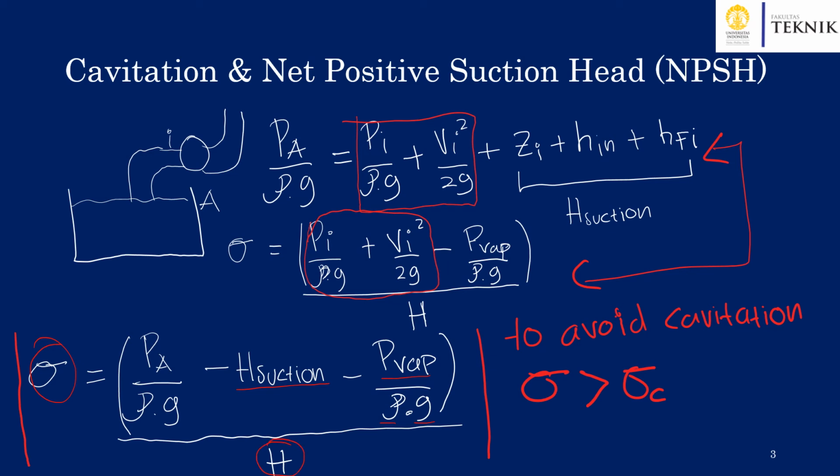In order to avoid cavitation, we need to have the value of tau, the cavitation parameter, higher than the critical cavitation parameter value. This tau c, the critical cavitation parameter value, normally comes from the manufacturer of the pump, so it will be given to the user of the pump. Then we have to avoid this number and keep the cavitation parameter higher than the critical value.